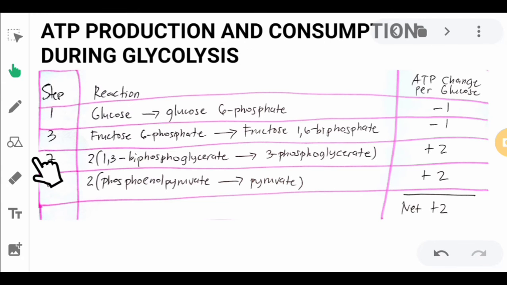Okay, let us count the ATP production and consumption during glycolysis. These are the steps, the reaction, and the ATP change per glucose. For step 1, the reaction of glucose to glucose 6-phosphate, we utilize an ATP, because we use energy to convert the glucose into glucose 6-phosphate. For step 3 as well, fructose 6-phosphate is converted to fructose 1,6-biphosphate, and we also utilize an energy.